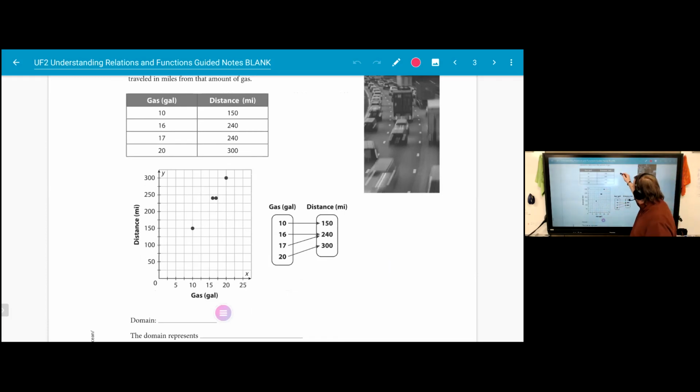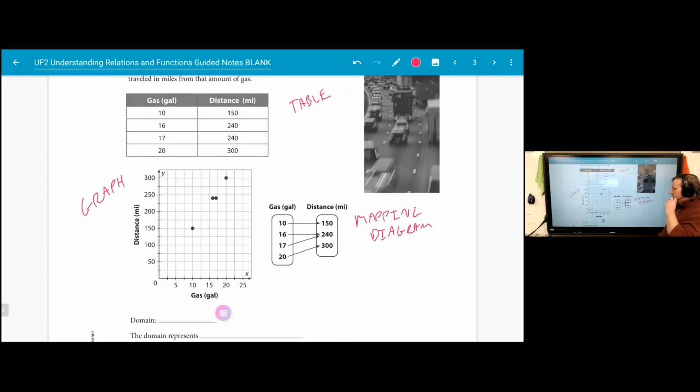I've got it in a table, in a graph. Hope you're noticing the pattern here. And a mapping diagram. And so what's that look like? That's a good question. Let's see what we've got to do.